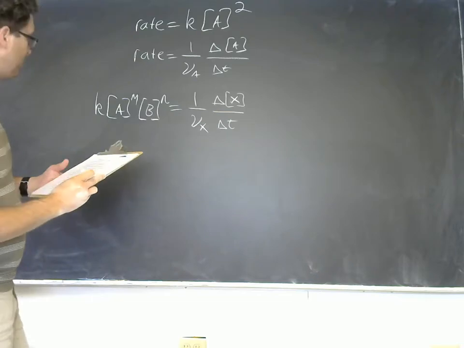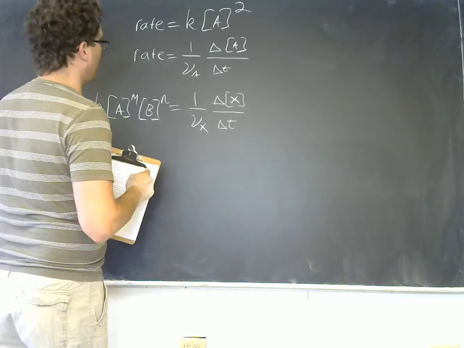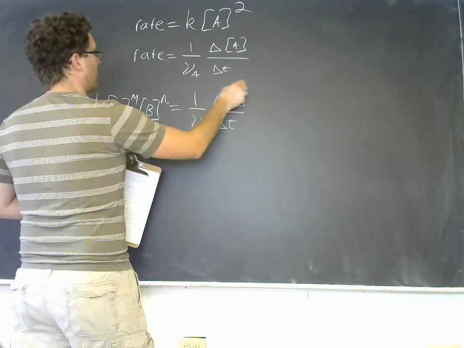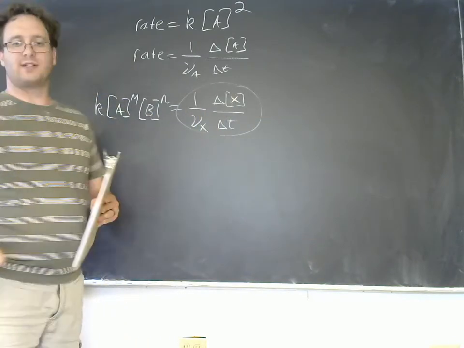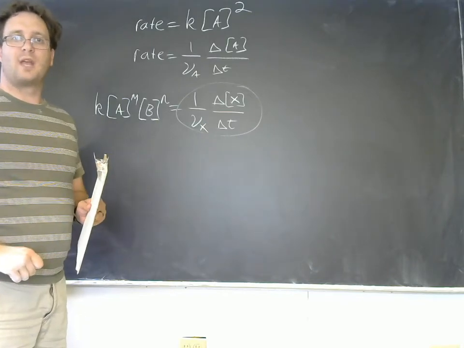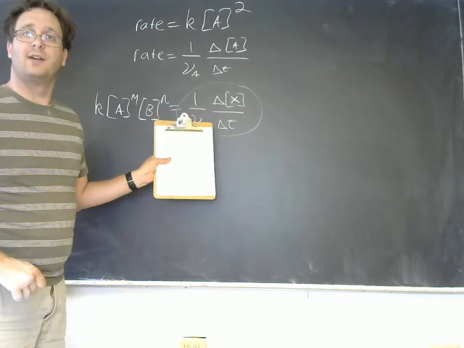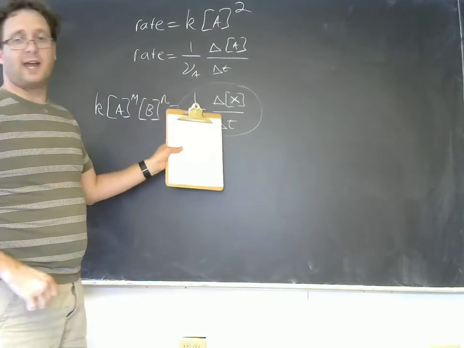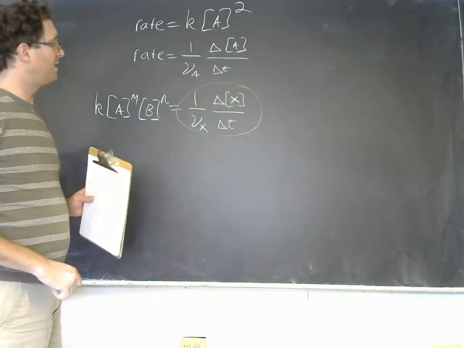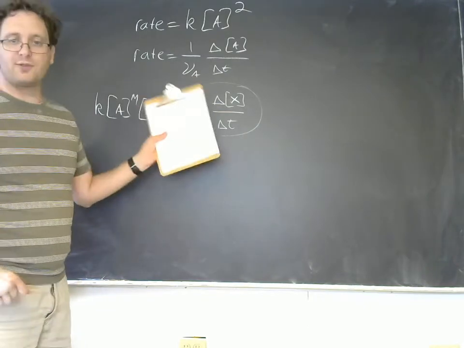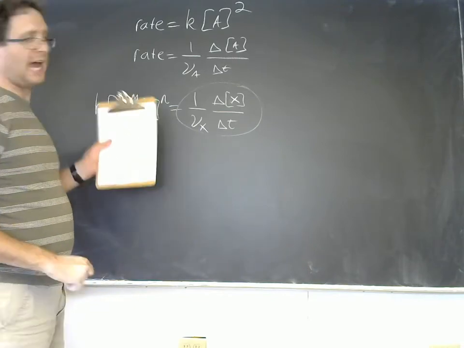And so the idea is, if I can calculate the rate under two different conditions, I'm sorry, I don't calculate the rate, I measure the rate. If I can observe the rate under two different conditions, then I can compare those two conditions and figure out what the reaction order is.